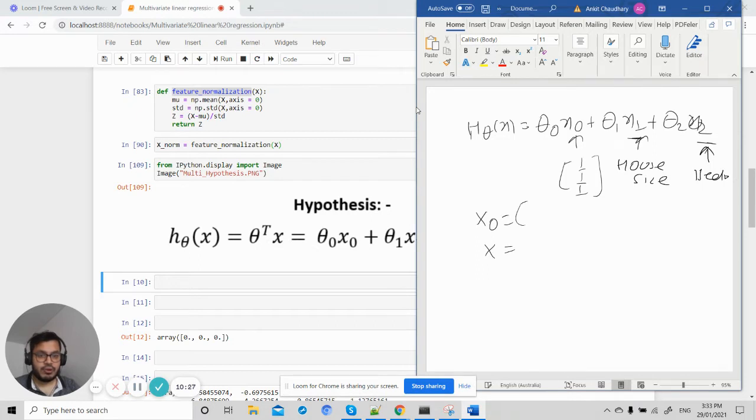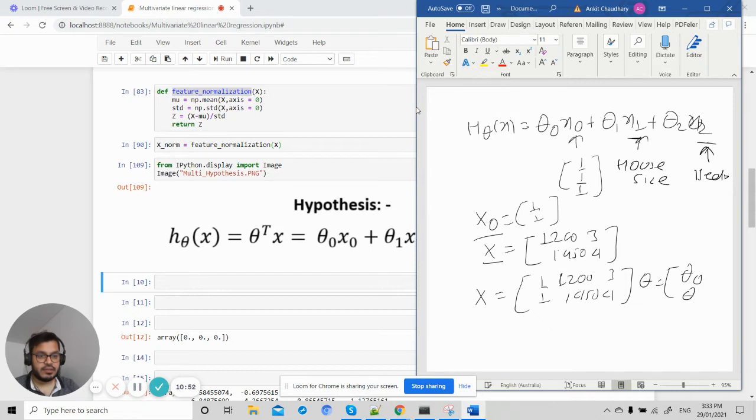Our x vector is house size and bedrooms, 1203, 1454. We need to generate a final x which is an append of this and this, so it should be 1 1200 3, 1 1450 3 4. This should be in one vector, and another vector theta should be theta naught, theta 1, theta 2. So let's implement that.